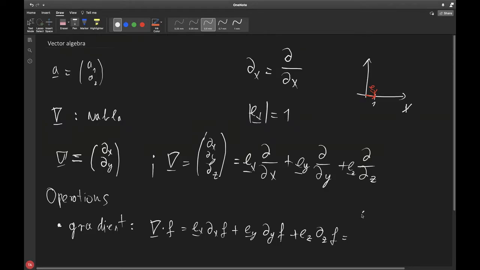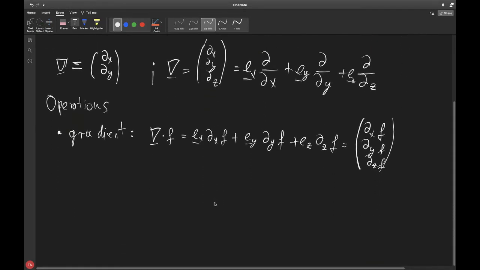So if I go back to our notation here, then the gradient is the derivative of f by x in the first position of the vector, derivative by y in the second one, and the derivative by z in the third one. Please note that when you do gradient, the outcome of that is going to be a vector.